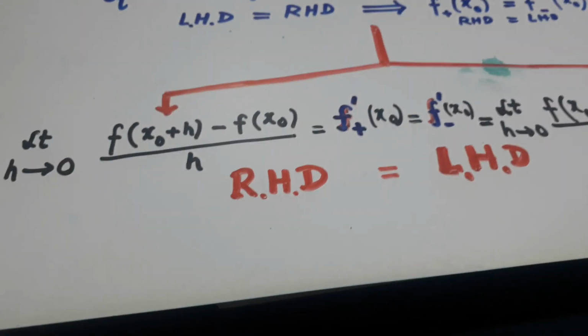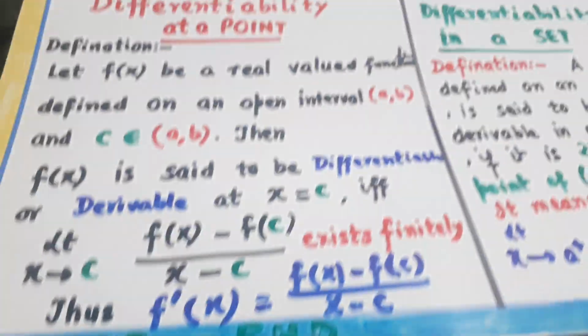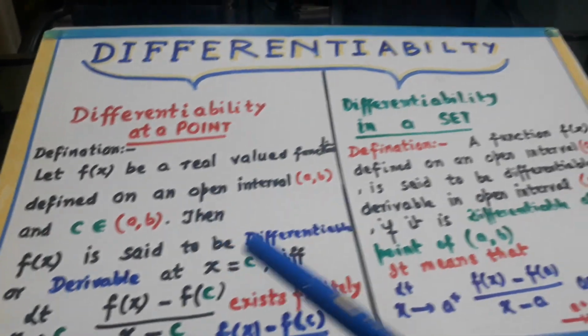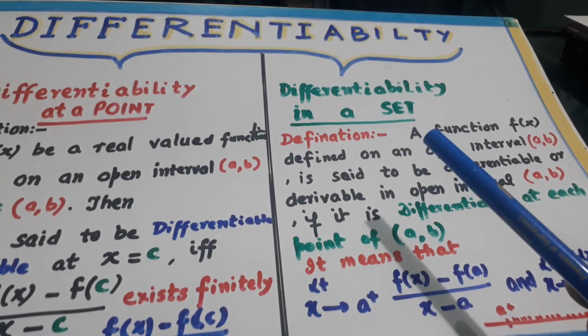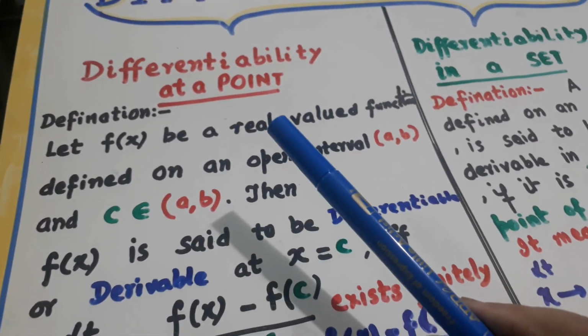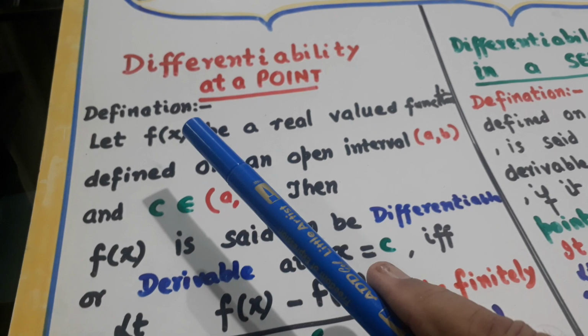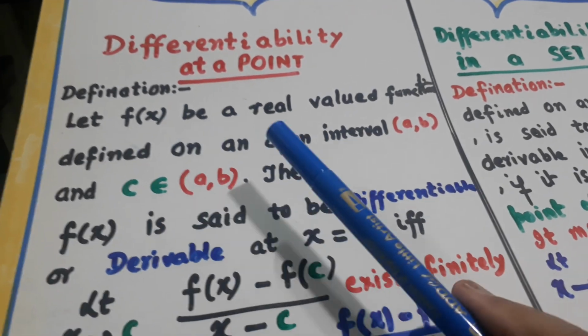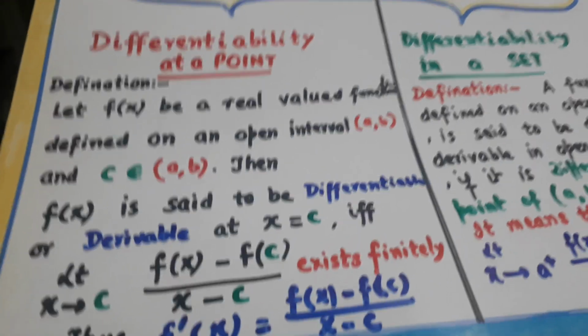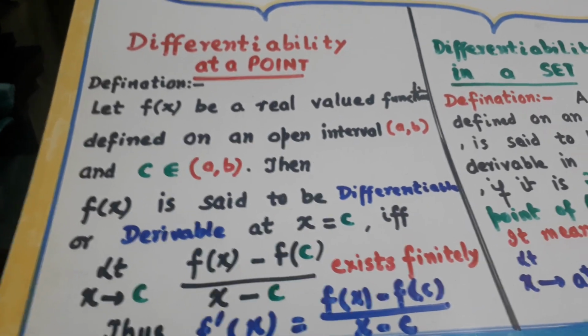Now let us go further. Differentiability can be at a point, or it can be in a set. Let us discuss one by one. Definition: let f(x) be a real valued function. What does a real valued function mean? The value is a real number.